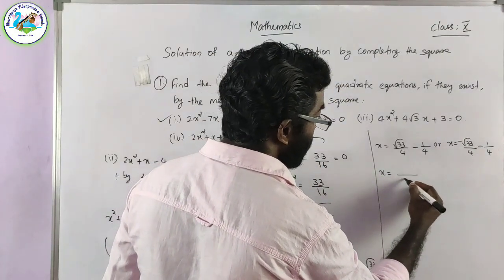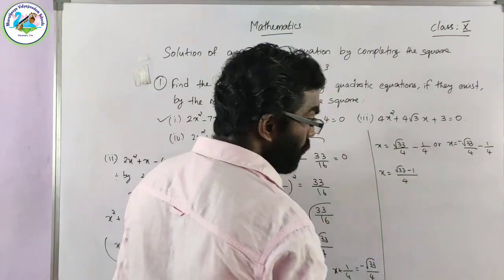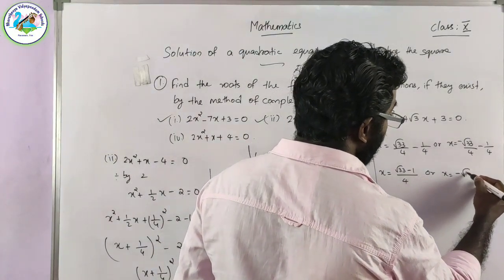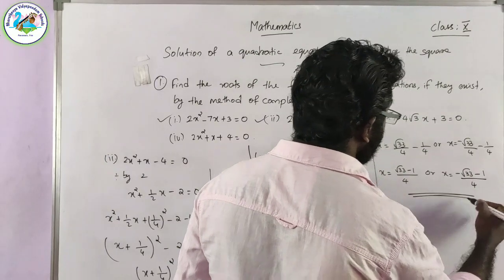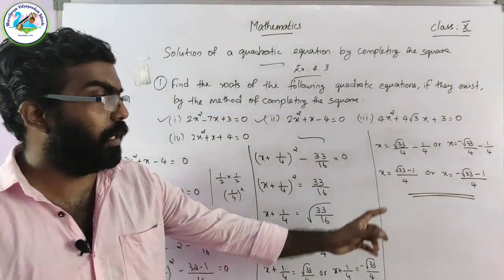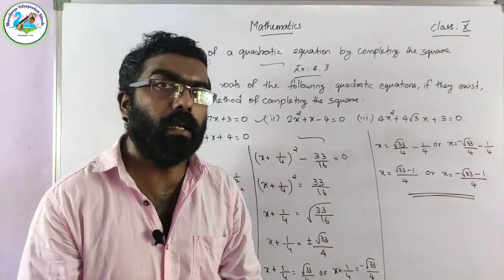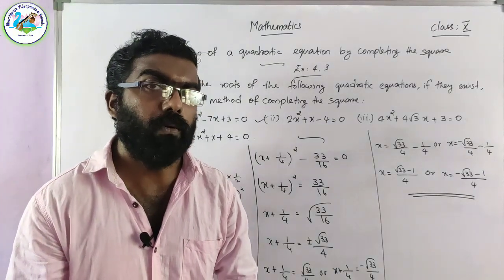Here the denominator is the same, so we can write x = (√33 − 1)/4, or x = (−√33 − 1)/4. So these are the roots: x = (√33 − 1)/4 and x = (−√33 − 1)/4. Clear?